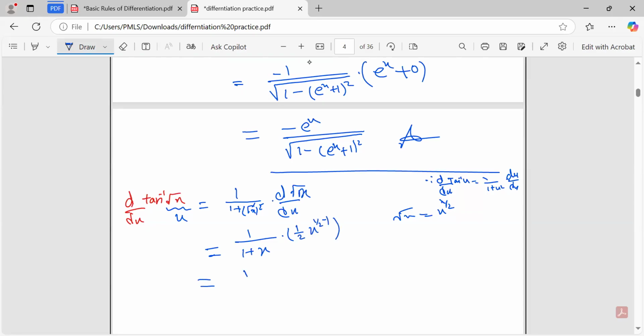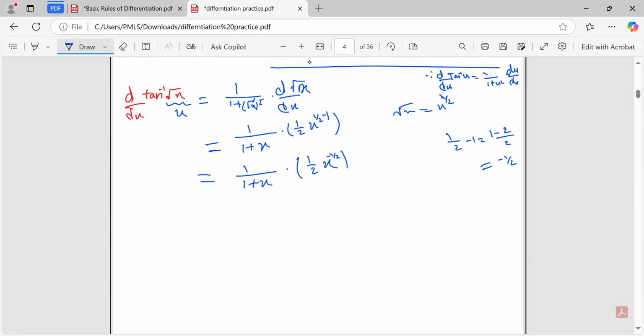And this will become 1 over 1 plus x times the derivative of this one, 1 by 2 x to the power, see that 1 by 2 minus 1, when we take the LCM it will be 1 minus 2 over 2, that will be minus 1 by 2. So you can write it like that after simplification.